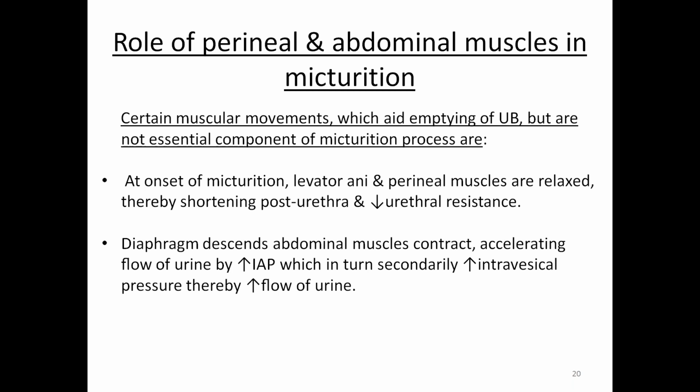One, at the onset of micturition, the levator ani and perineal muscles are relaxed, thereby shortening the posterior urethra and decreasing the urethral resistance. Then the diaphragm descends and the abdominal muscles contract, accelerating the flow of urine by increasing the intra-abdominal pressure, which in turn secondarily increases the intravesical pressure and ultimately increases the flow of urine.